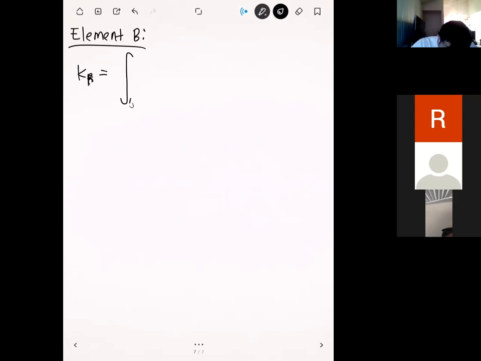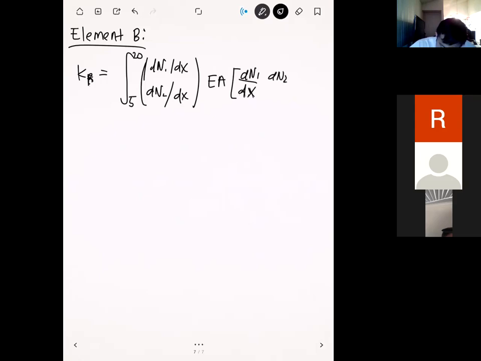And so we know the coordinate for x1 is going to be 5. So we knew that from the previous one. And then the coordinate for the upper bound is going to be 20 because that's the x coordinate for the end. And so just like before, we're going to have dN1/dx, dN2/dx, multiplied by EA, dN1/dx, dN2/dx, dx.